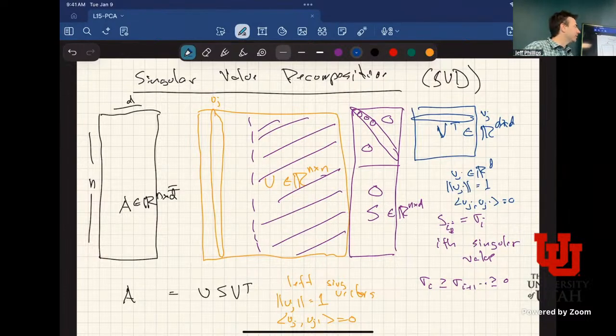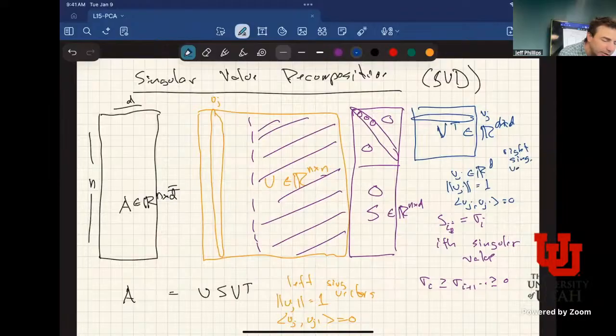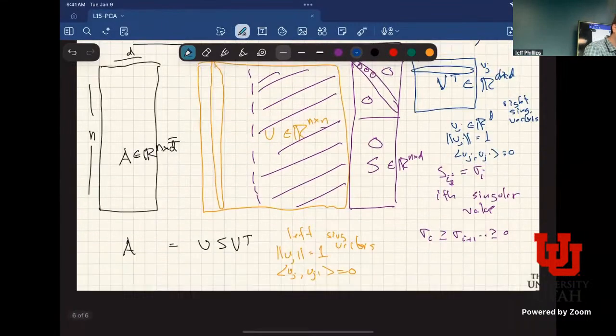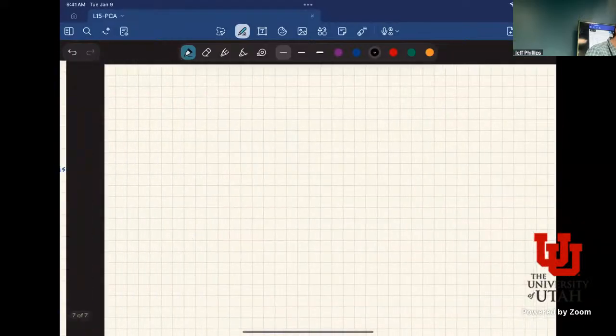And in fact, these are called the right singular vectors. And so this is the structure encoded in the singular value decomposition. Hopefully you've seen this before, and this makes sense. I can write a bunch of nice properties here.